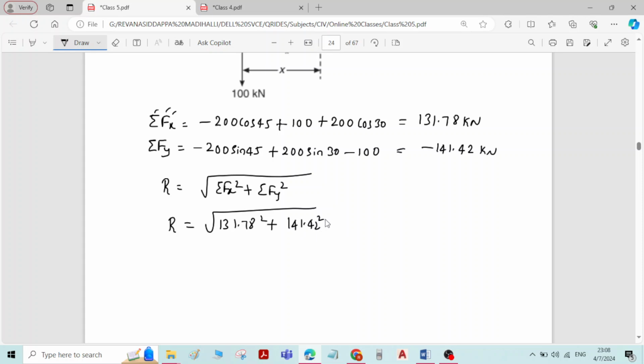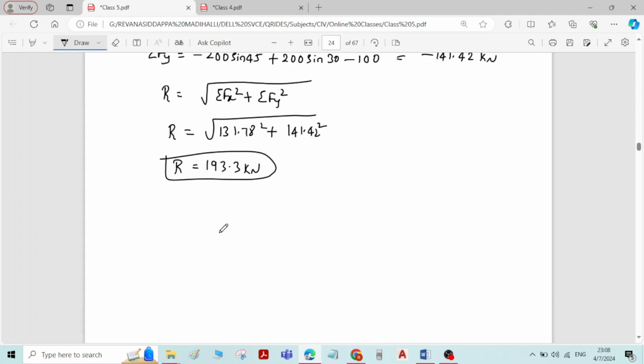I am not taking the negative sign because if you take minus 141.42 whole square, minus into minus becomes plus. So directly I am taking the values with positive sign only. So by this you will get the resultant force as 193.3 kilonewton.